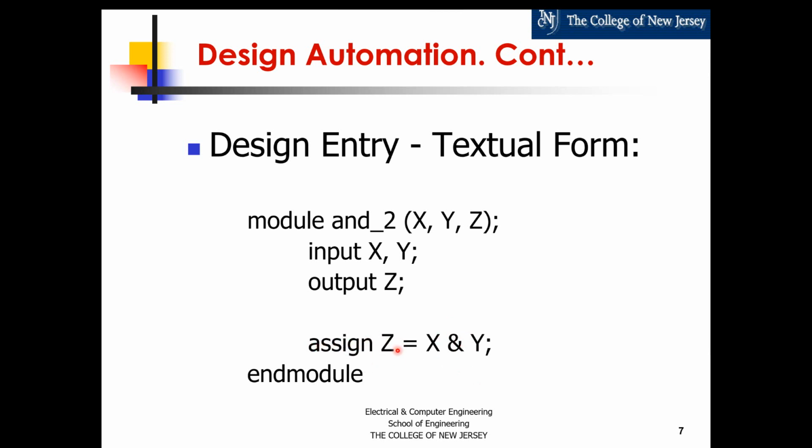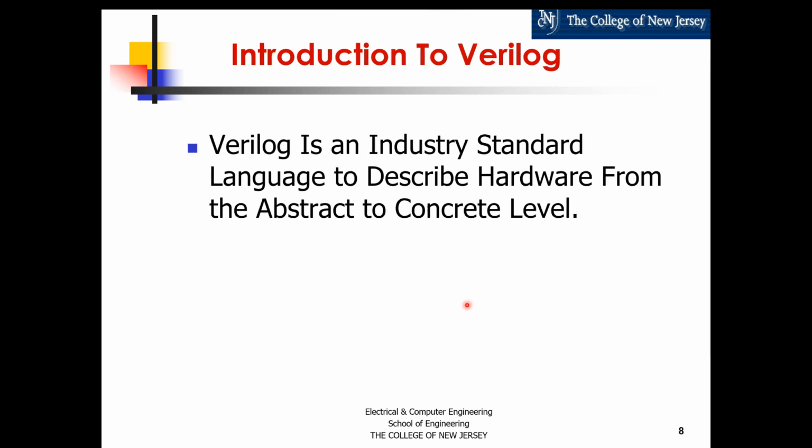Assign the output C as the ANDing of X and Y. So you describe the functionality. That's just a quick preview of a lot of stuff that we're going to be discussing.